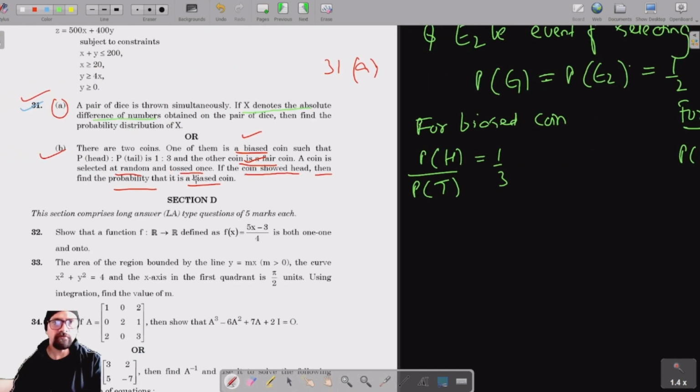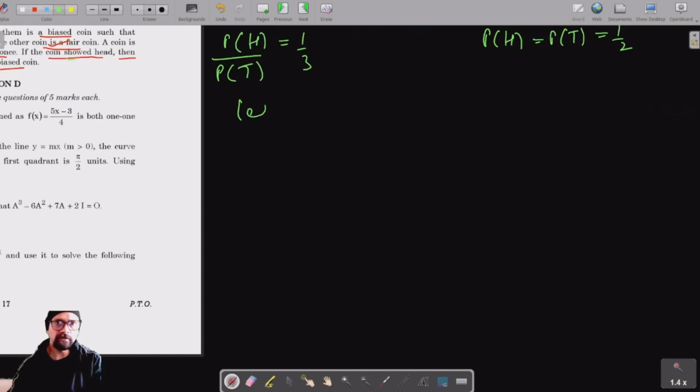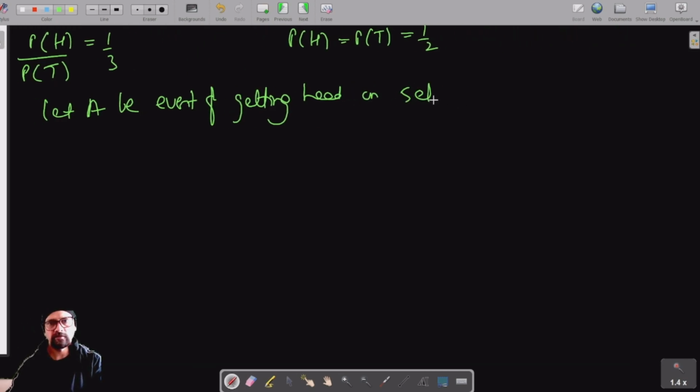Now we have to get head, so head is the common event. Let A be the event of getting a head on the selected coin.